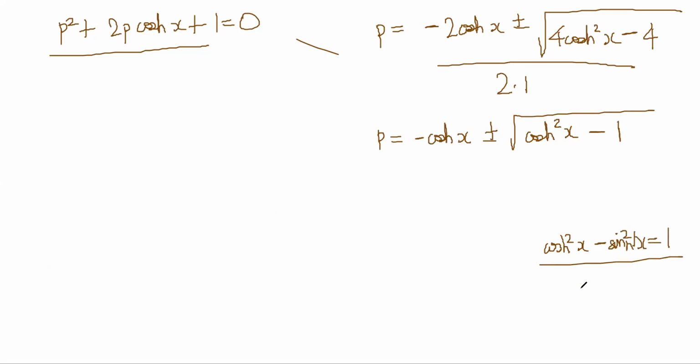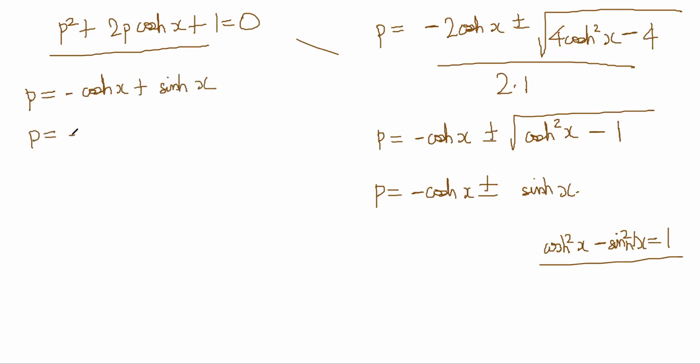So this minus 1 is sinh square. So p could be minus cos of x plus minus sinh x. Now that means p has two roots. One root is minus cos of x plus sinh of x, and the other root is minus cos of x minus sinh of x.